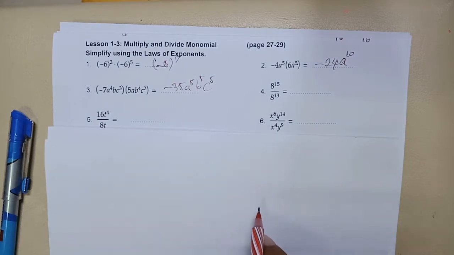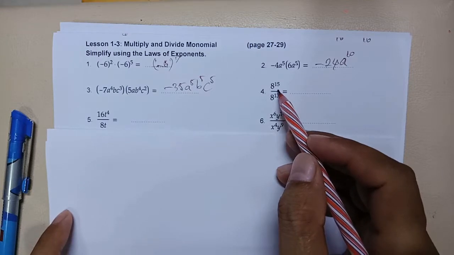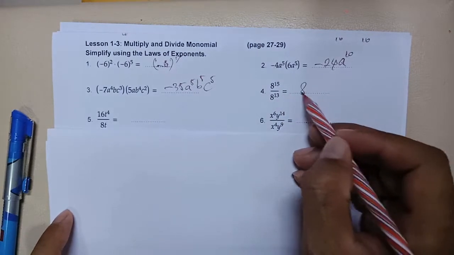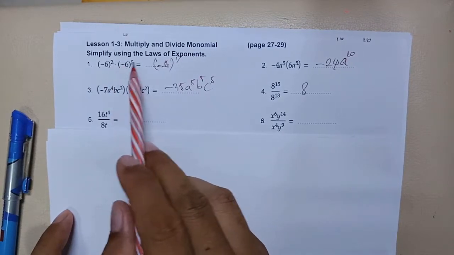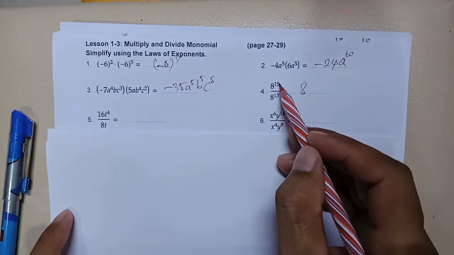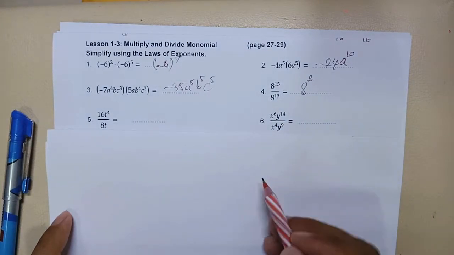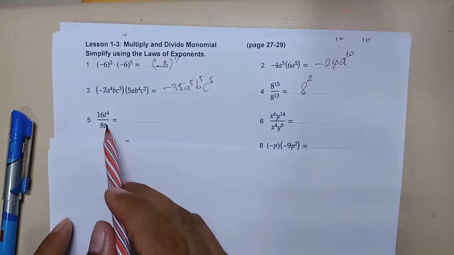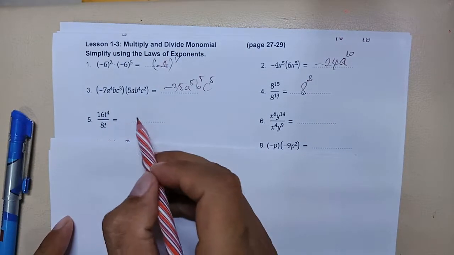See that? Now number 4 is division. A while ago, when it multiplies, you add the exponents together, but this time when it divides, you subtract the exponents. You get 15 minus 13, you get 2. For this one, work on the coefficient first. 16 divided by 8, you get 2.